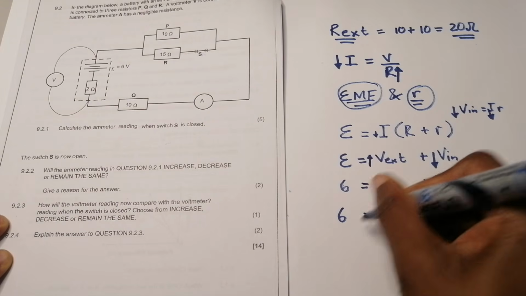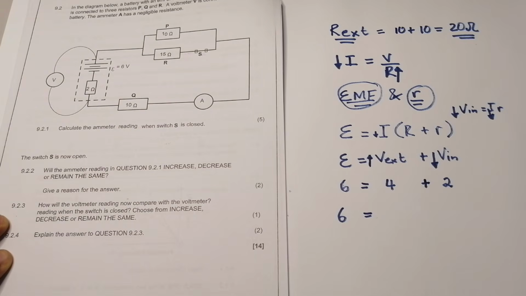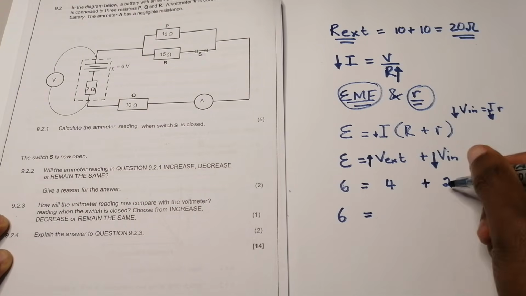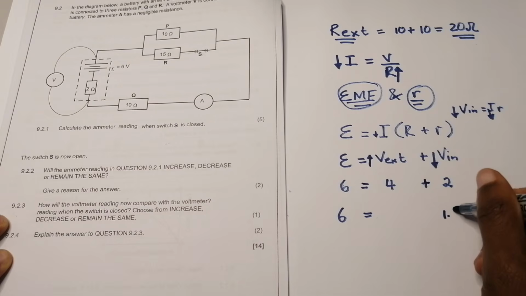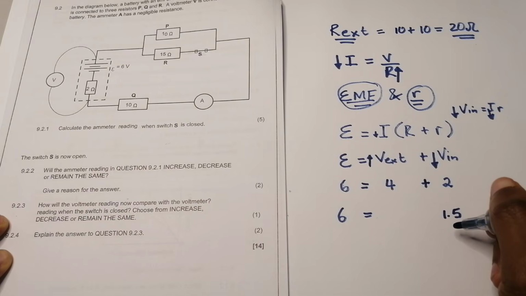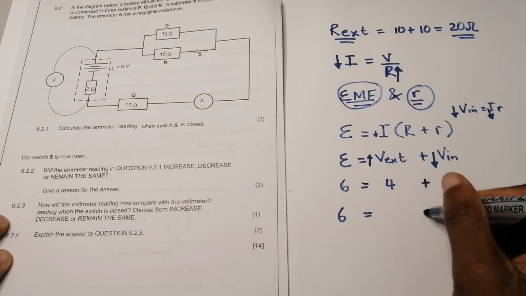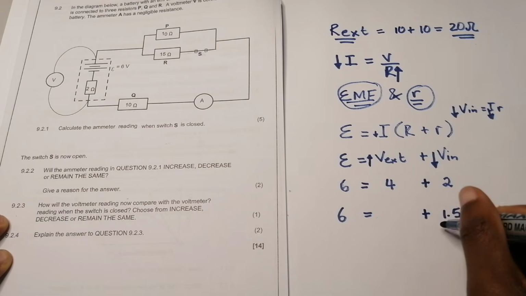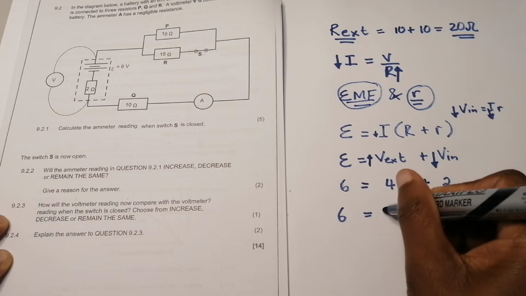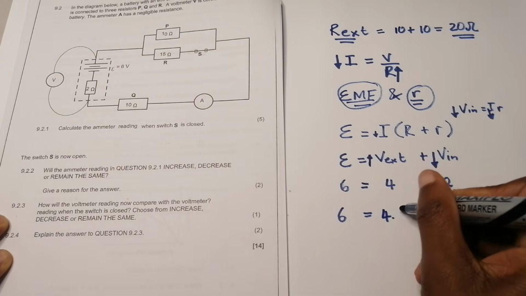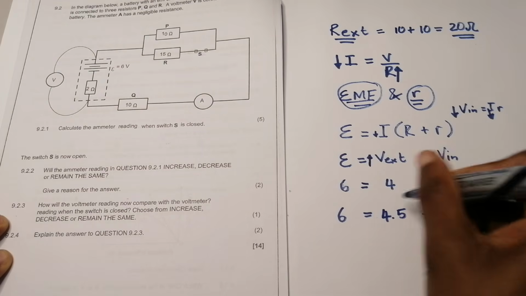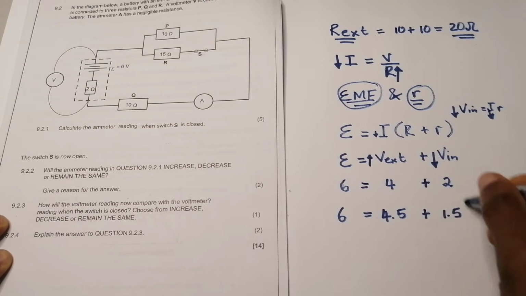This value has to still remain the same, 6. So if this value decreases, let's say now it becomes 1.5 volts, what should happen to this value? Obviously now it can no longer remain as 4. Now it has to be 4.5. So V external has to now increase because the V internal has decreased.